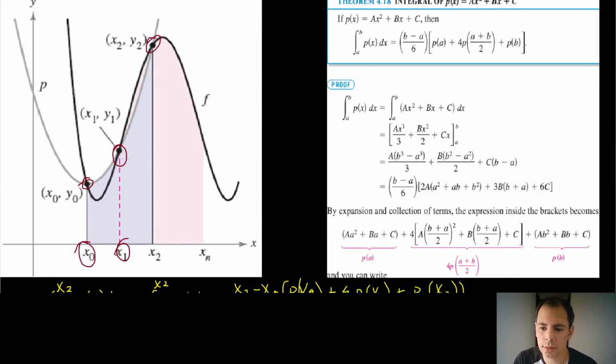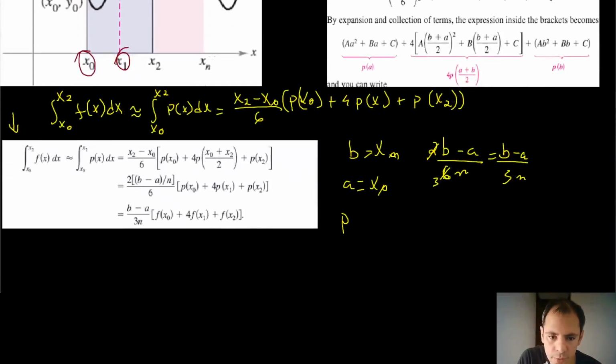That's why the book jumps from P of x0 to f of x0. Because the 3 points here: f of x0 is the same as P of x0. Here, f of x1 equals P of x1. And here, f of x2 equals P of x2. That's why the book jumps from one to the next.